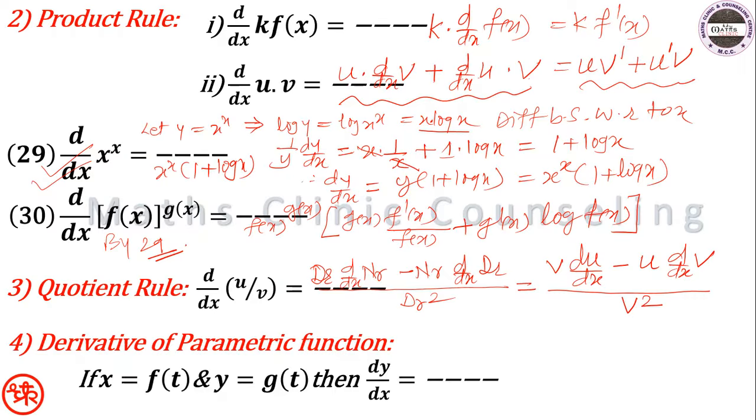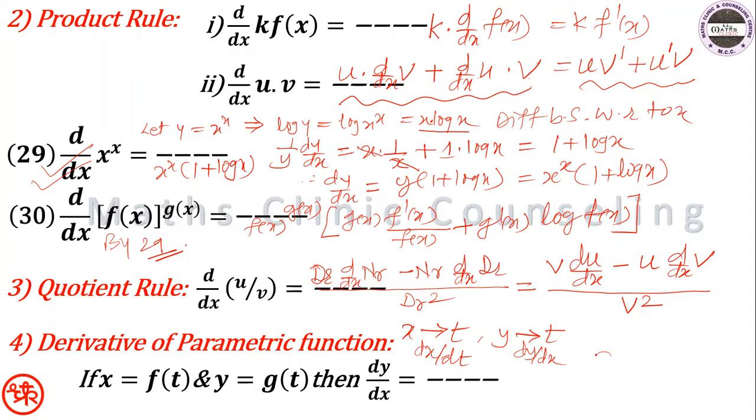Then derivative of parametric function. Okay, so x is a function of t, y is a function of t. From here you will get dx by dt. y is a function of t, you will get dy by dt.